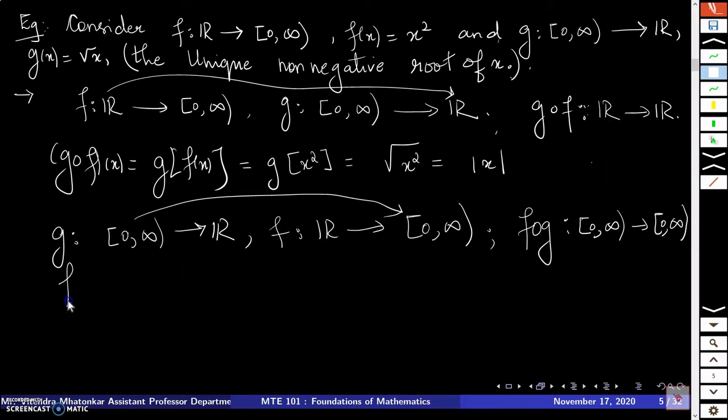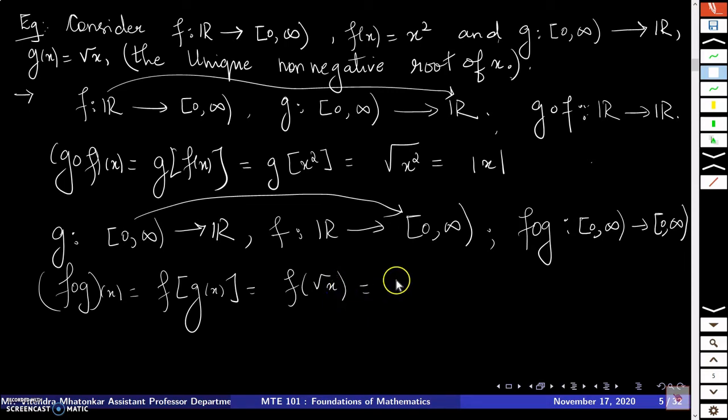So f composite g of x is f of g of x, but g of x is root x, so that's f of root x, and that's root x the whole square, which is x, right?